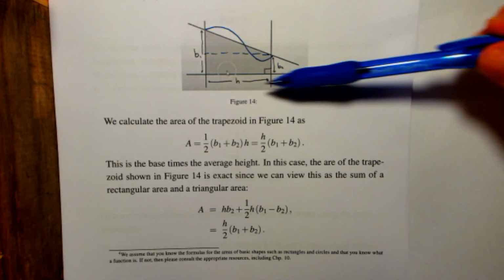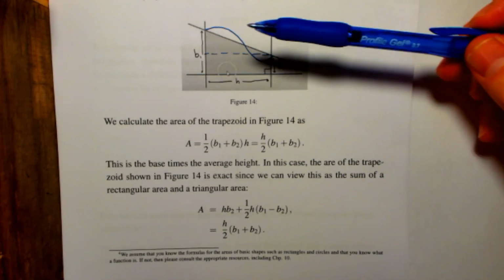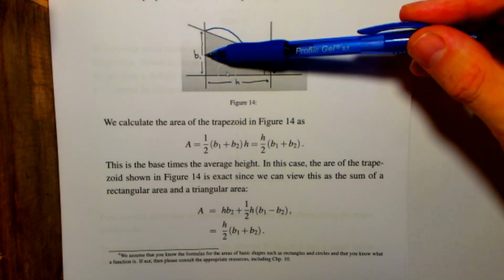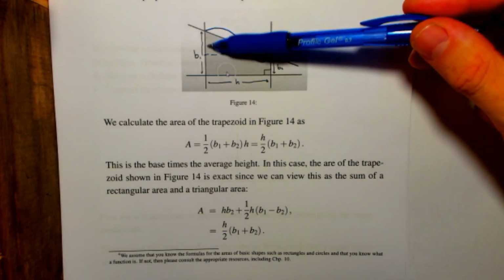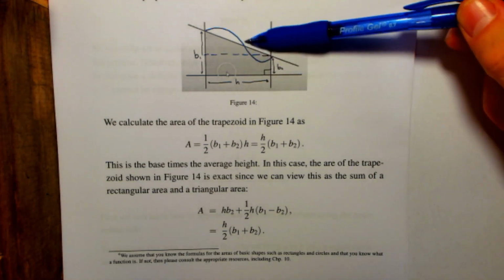Well, I guess h is the base and this would be the height, but you could turn it the other way around. So b1 minus b2 is this little length here. This times this divided by 2 gives you the area of this little triangle.